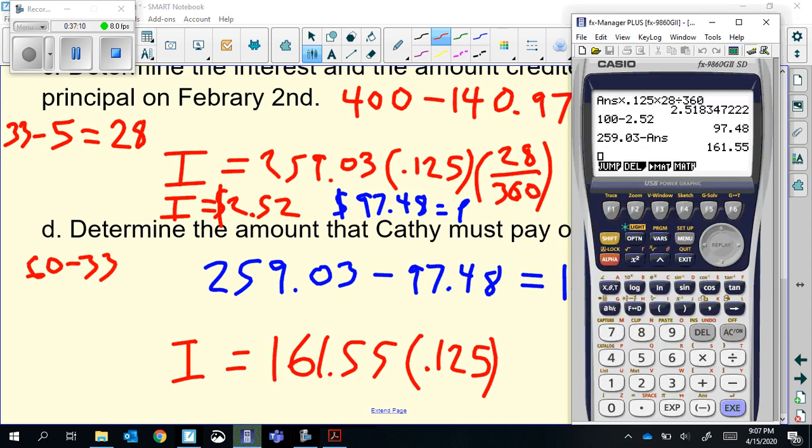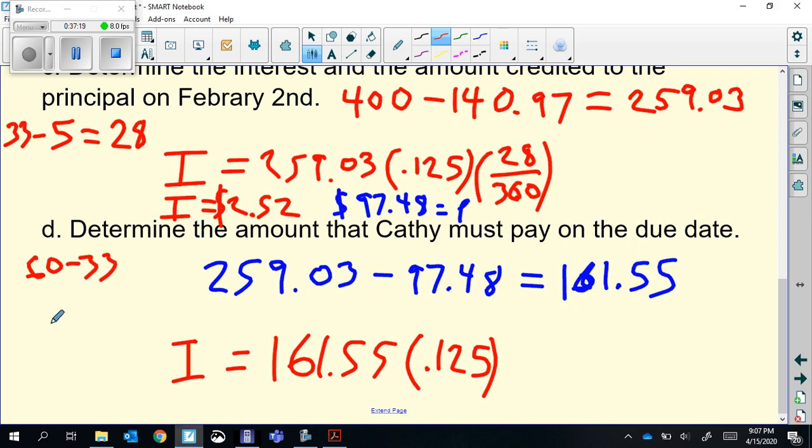So from day 33 to day 60, it's 27 days. So we'll put that as our 27 days out of 360.